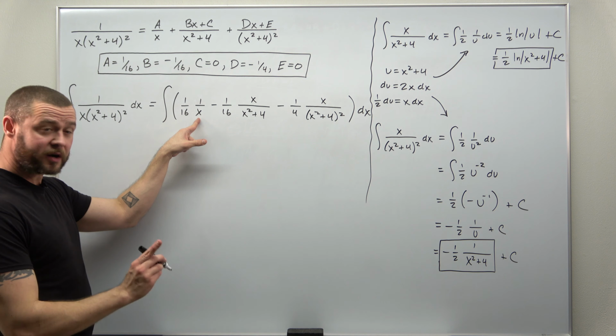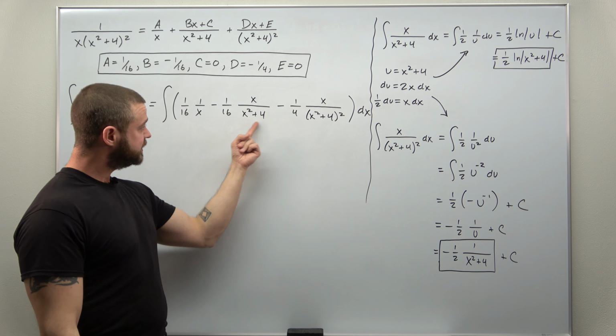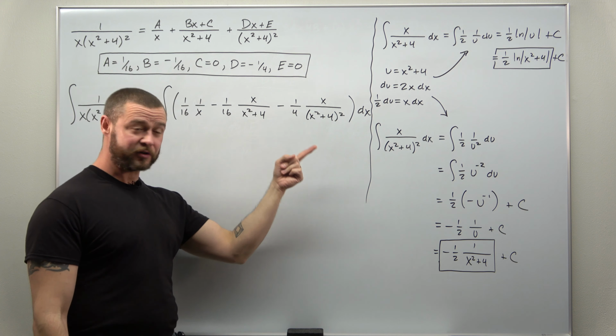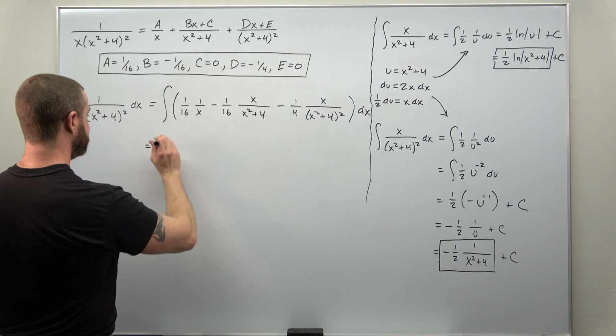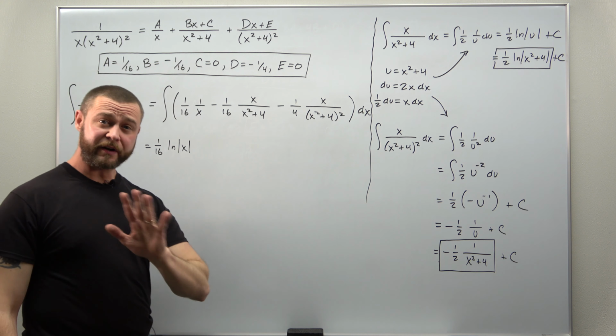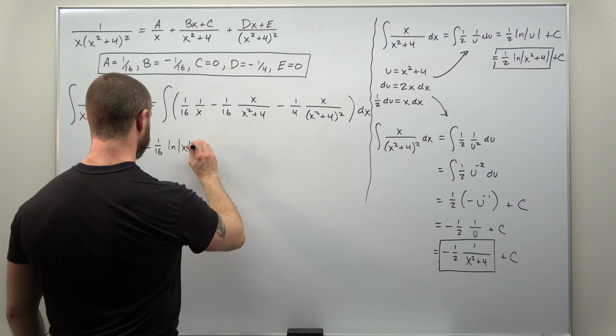Again, don't forget to integrate the first term. I sometimes have even my best students focus on the tricky integrals, and they forget to integrate the first one. So that's going to integrate to 1 over 16 times natural log of x. Let me not try to do too much work. Let me just put the negative 1 over 16 there.